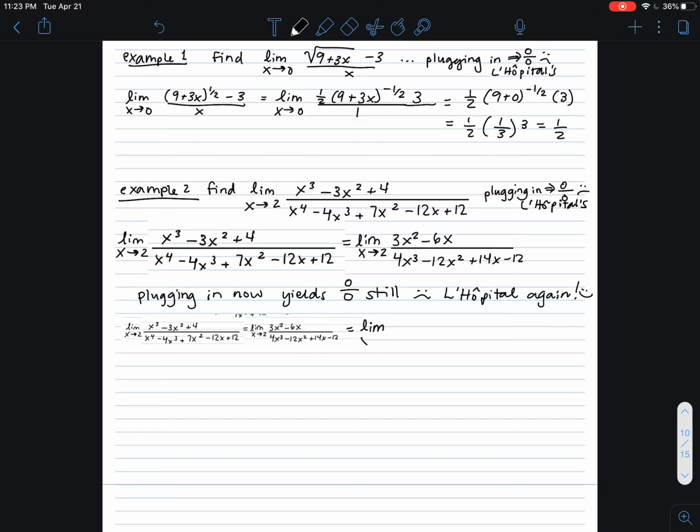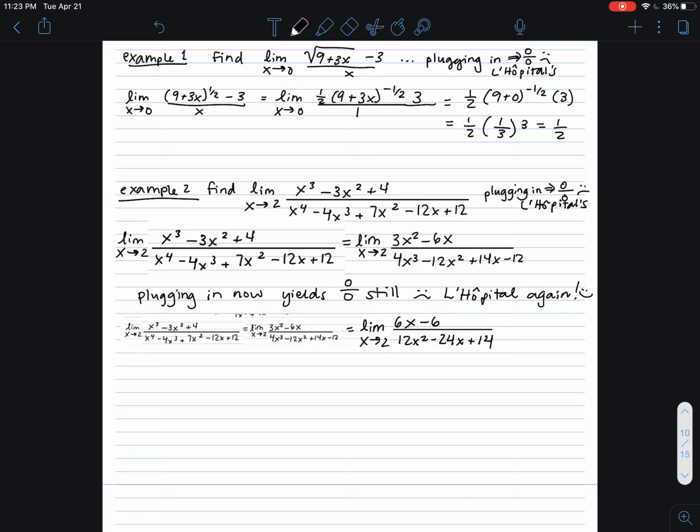And we have the limit as x approaches 2 of the derivative of 3x squared minus 6x, which is 6x minus 6, all over the derivative of the denominator, which is 12x squared minus 24x plus 14.